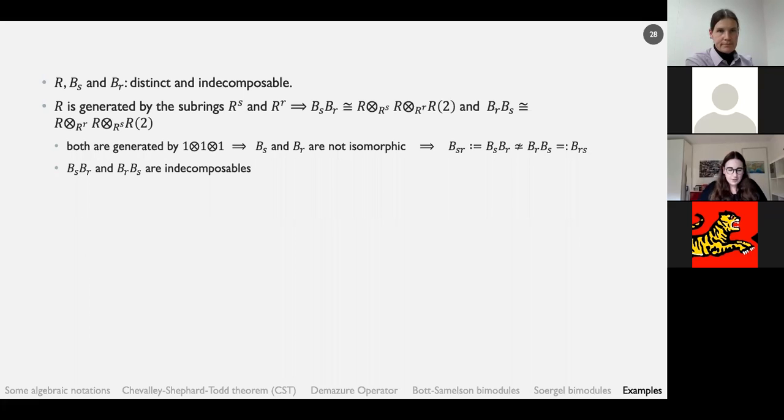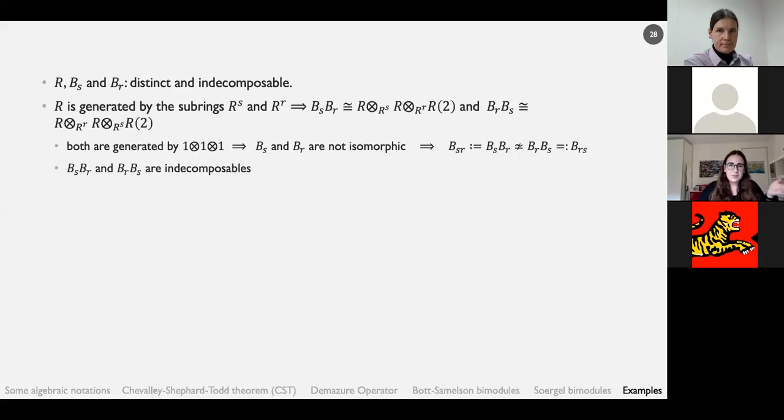What we should also remember is that R is generated by the subrings R^S and R^R. Hence, B_S B_R is isomorphic to R tensor R with a grading shift of 2, and in the same way B_R B_S is isomorphic to R tensor R with a grading shift of -2.